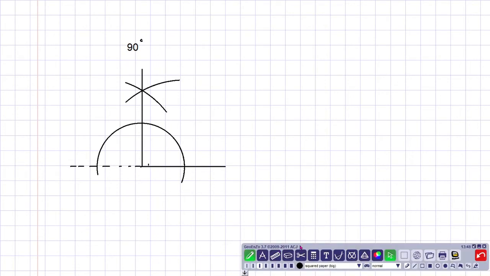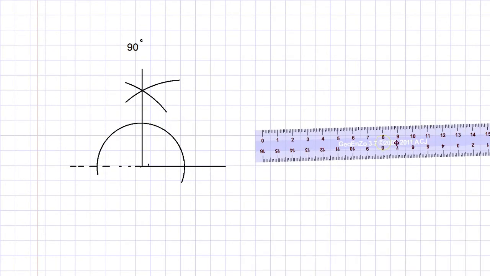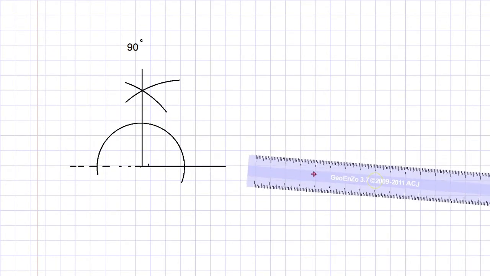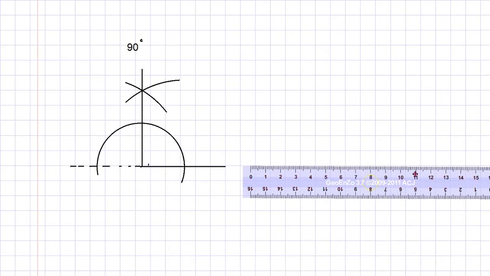Now let's construct this 45 degrees angle. When constructing a 45 degrees angle, you have to draw the 90-degree angle first and then bisect the 90-degree angle because half of 90 degrees is 45. So first construct the 90 degrees angle like what we did in the previous one.